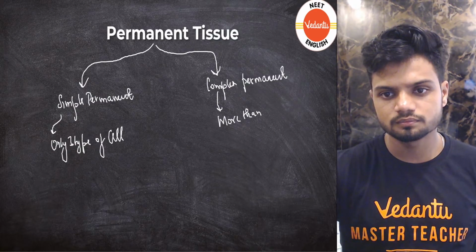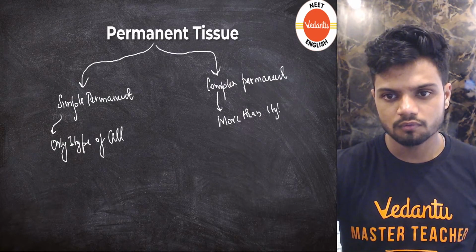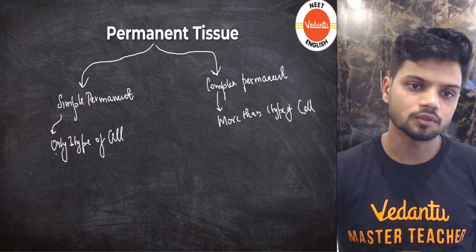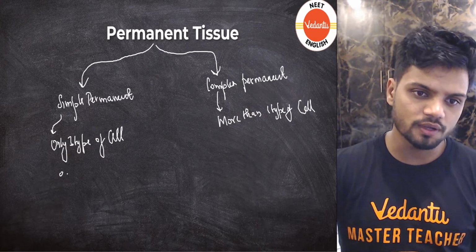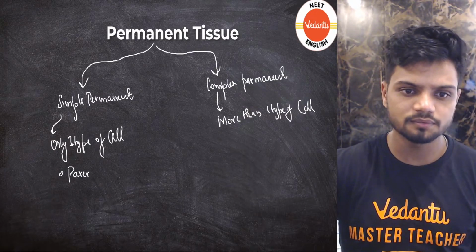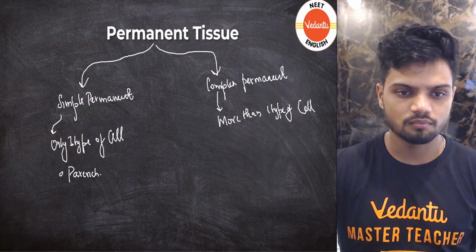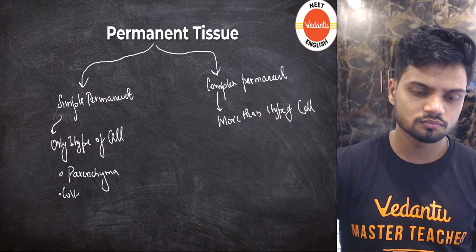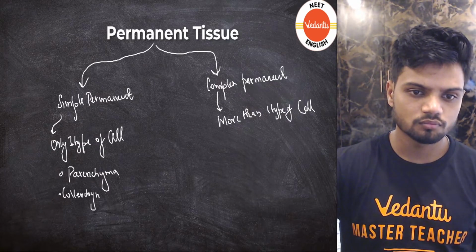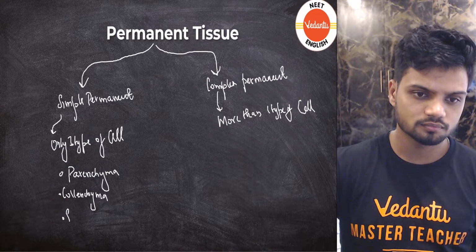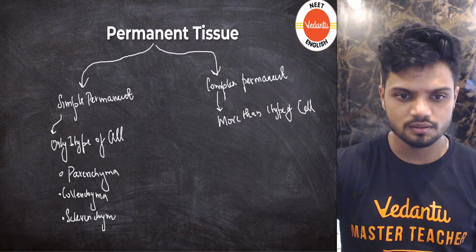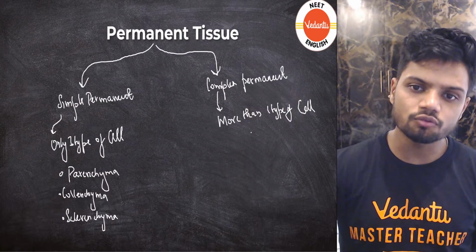Examples of simple permanent, all of you know, are parenchyma, collenchyma, and sclerenchyma.